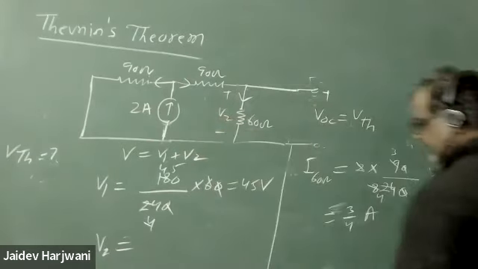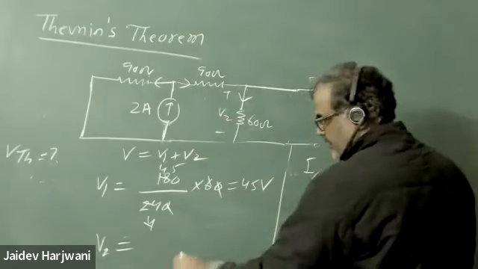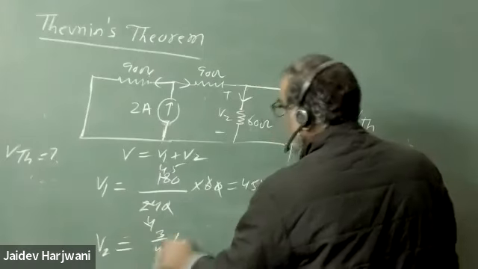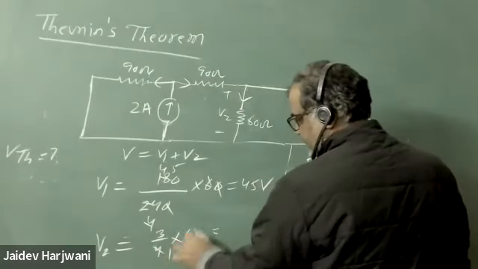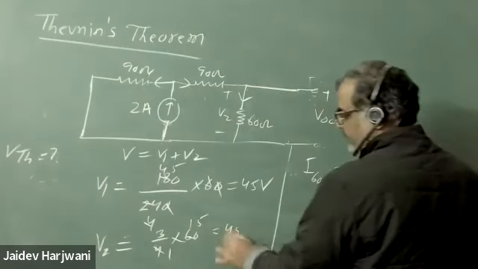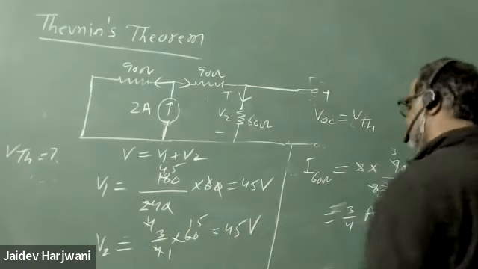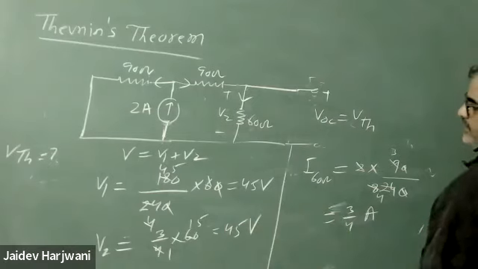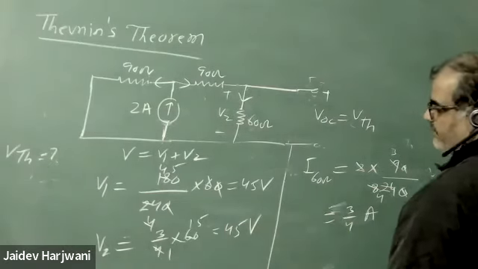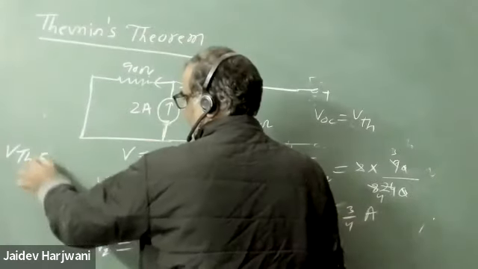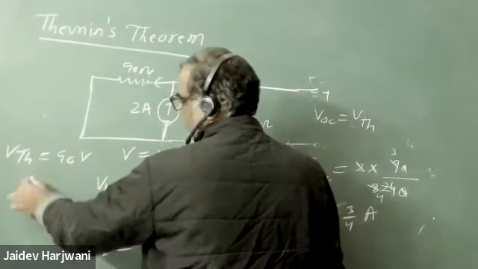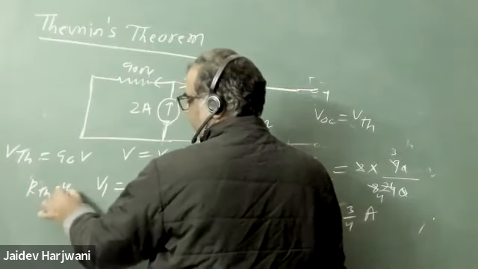V2 will be 3 by 4 current into 60 ohm resistance, which is 45 volts. So V2 is also 45 volts. So now VThevenin will be 90 volts in total, 45 plus 45, and RThevenin we have already calculated as 45 ohm.